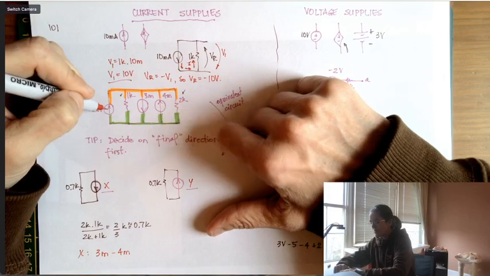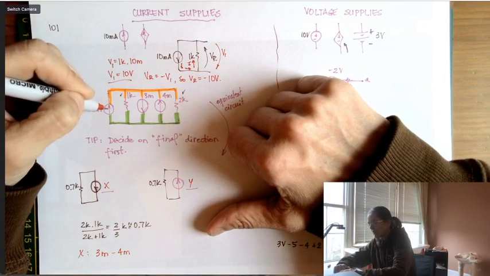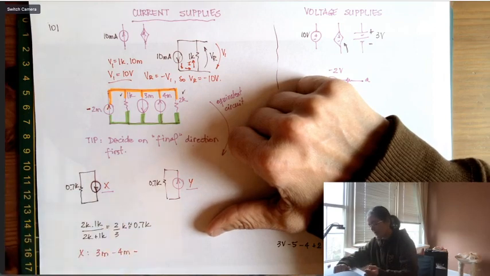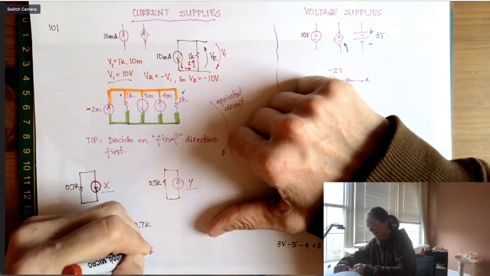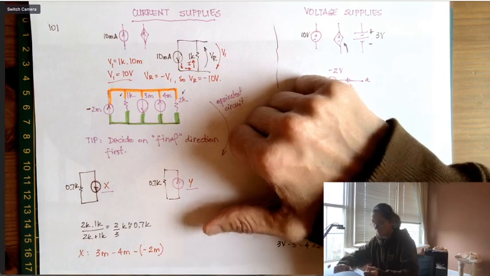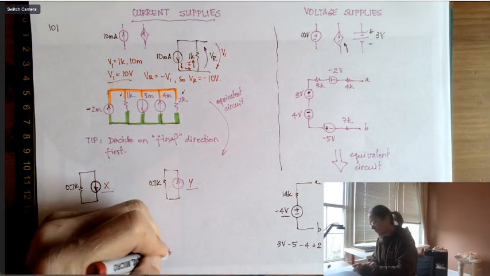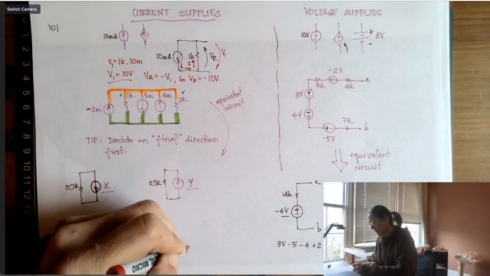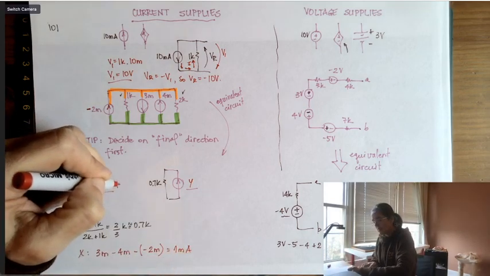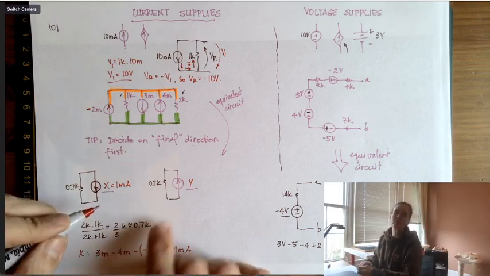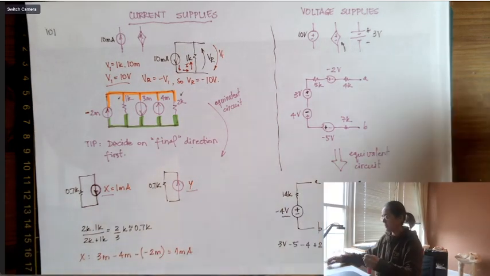The minus 2 milliamps are going the opposite direction, so they're going to subtract from 3, but it's minus 2. So it'll be 3 minus 4 is minus 1, plus 2 is 1, I think. So I think this is 1 milliamp going down. Once you know this, you also know that Y is minus 1 milliamp going up.